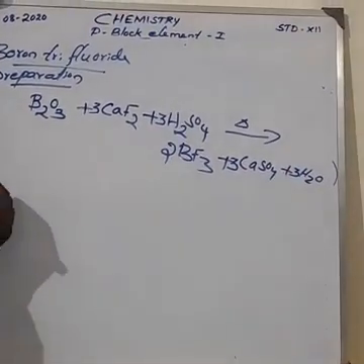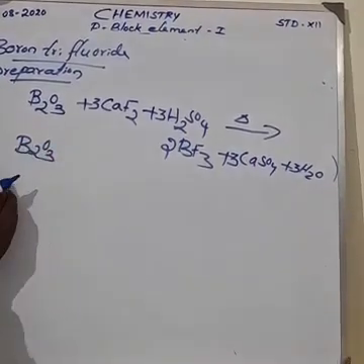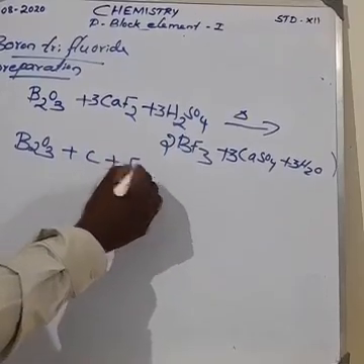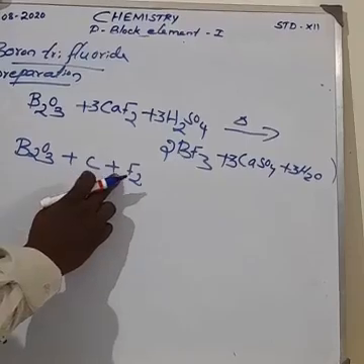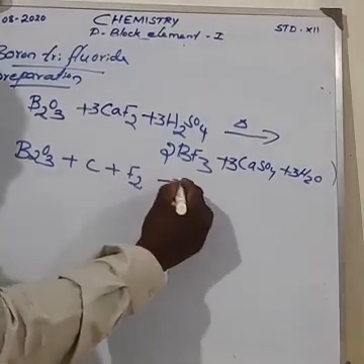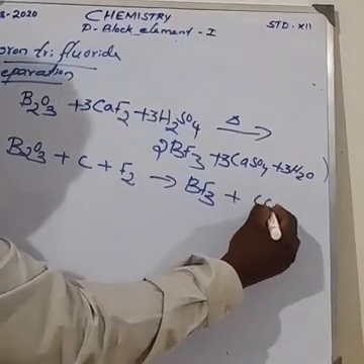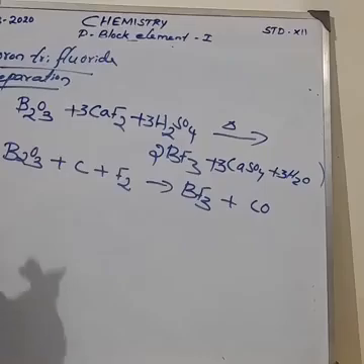Next one, by the treatment of B2O3, boron trioxide, with carbon plus fluorine, we get boron trifluoride plus carbon monoxide. How can we balance the equation?